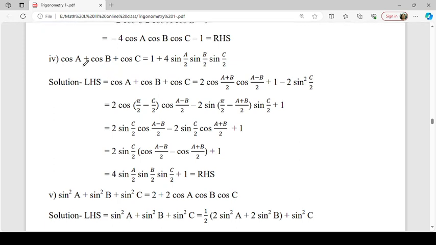Next one is this one, cos A plus cos B plus cos C. So cos C plus cos D is 2 cos of (C plus D) by 2 cos of (C minus D) by 2, and in right hand side it is 1, so this cos C we write as 1 minus 2 sin square C by 2.